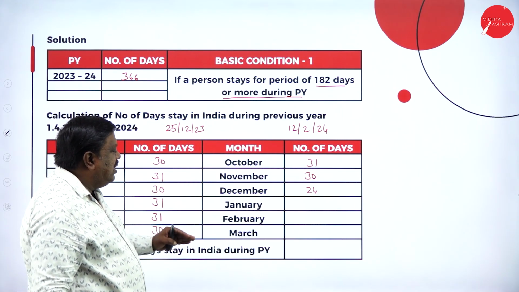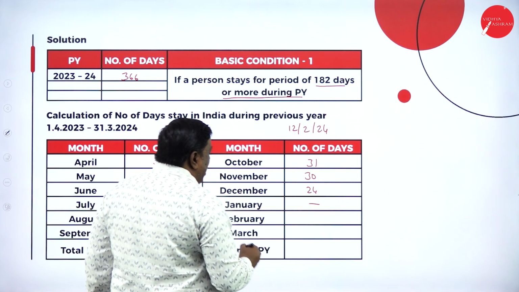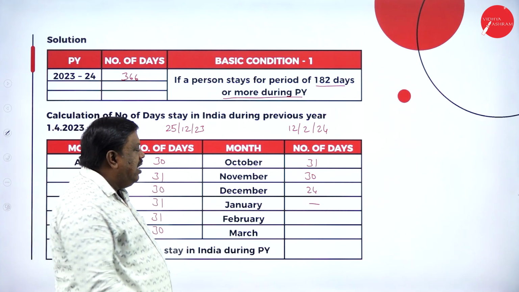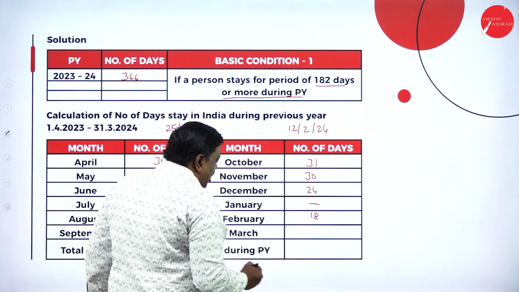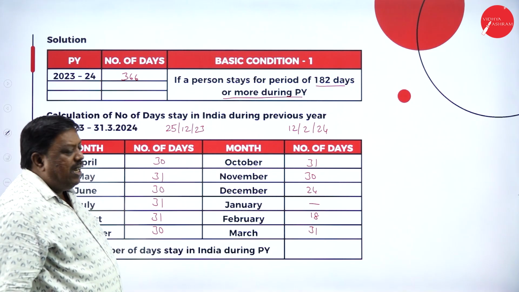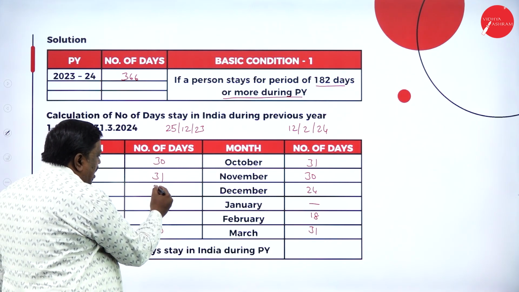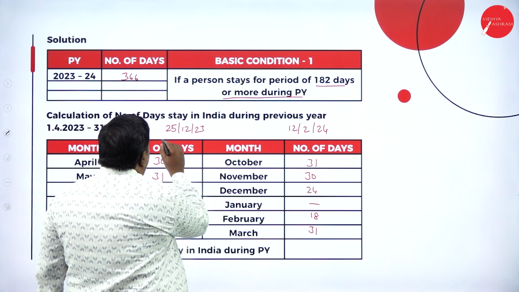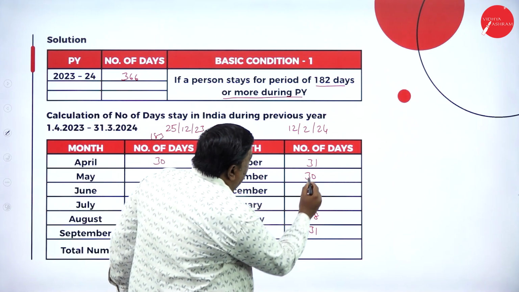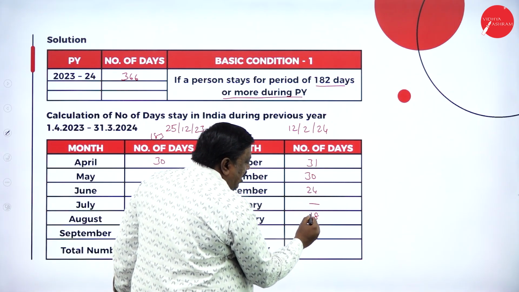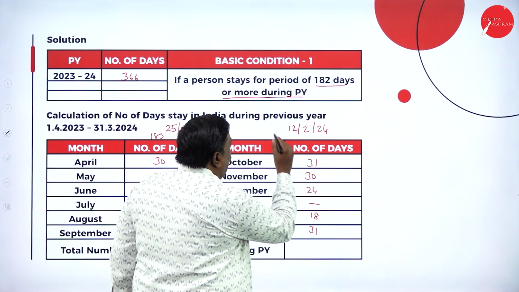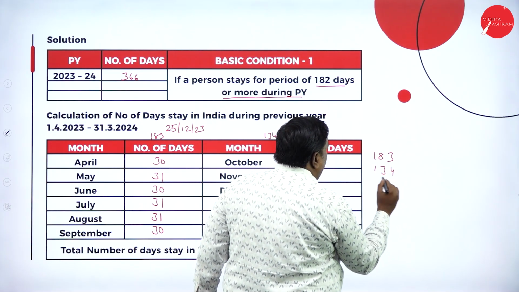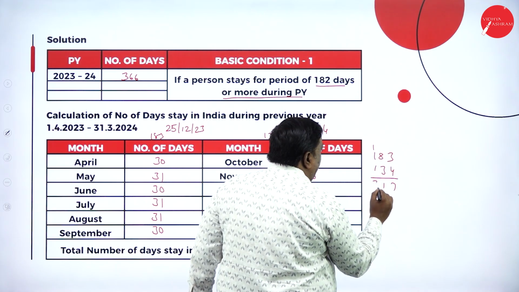January I was not in India. February, I returned on 12th, so 12th to 29th, that is 18 days. March 31. So 30, 60, 90, 120, 150, 180, so 183 days here. Then 30, 60, 90, 120, 134 days. So 183 plus 134, that is 317 days.